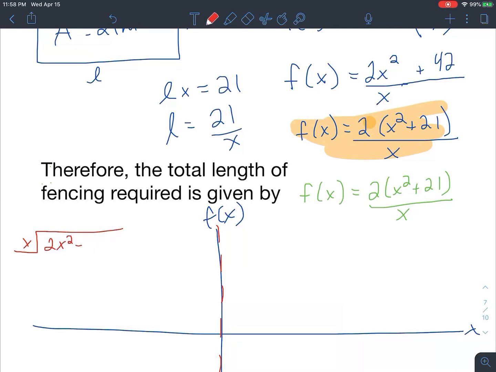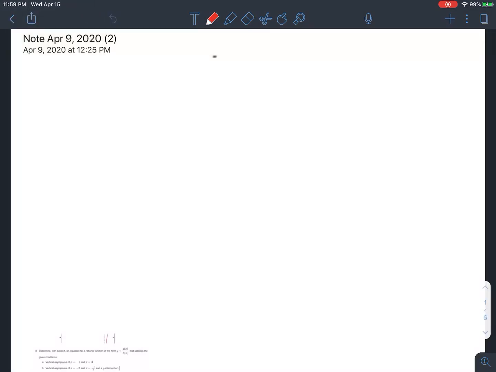You don't want to miss the 0x term, plus 42. So divided by x, you're going to get 2x. It's going to give me 2x squared. And if I'm going to include all my terms there, I should put, oh, what happened there?